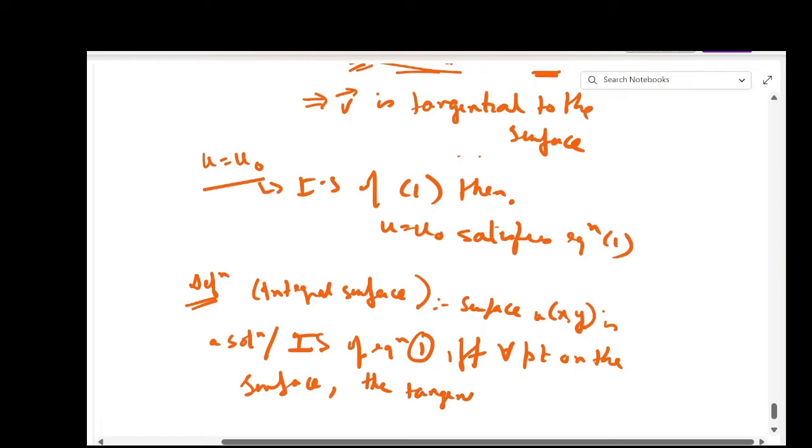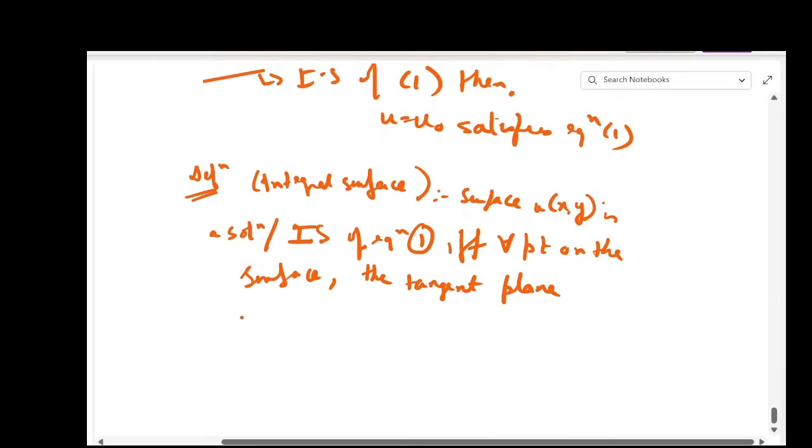The tangent plane contains the direction, I won't say v, because v is my own naming here.